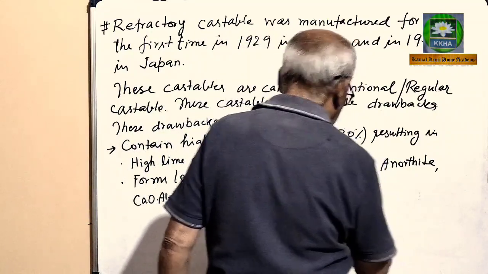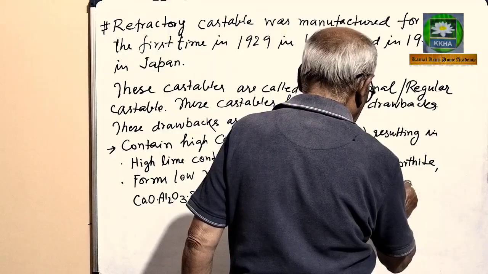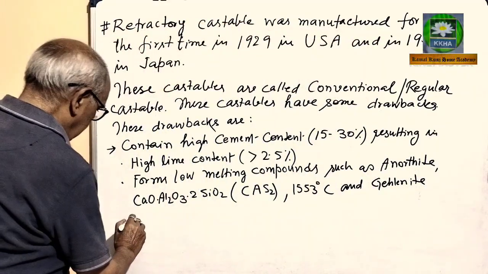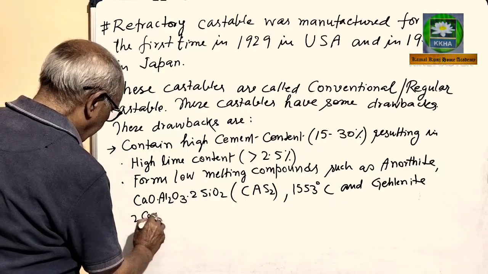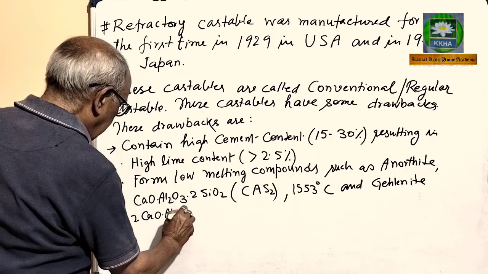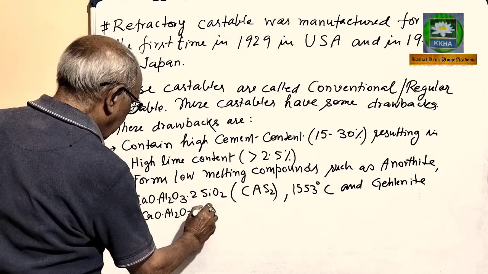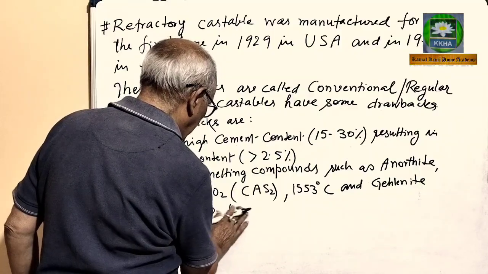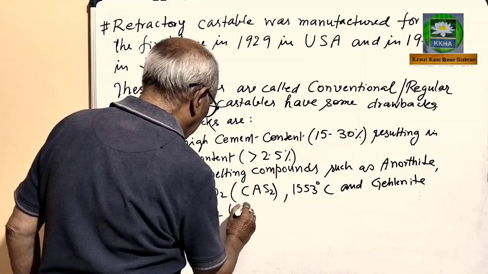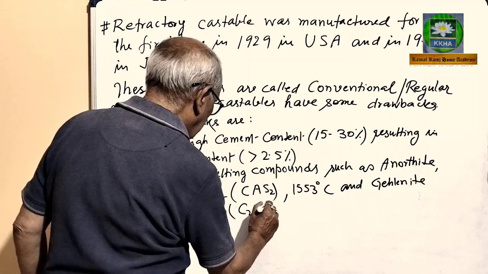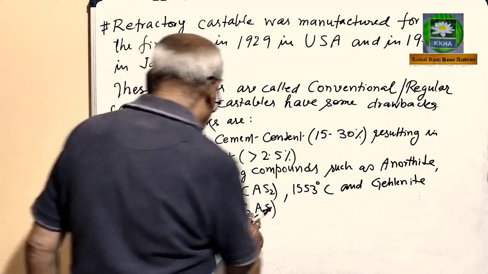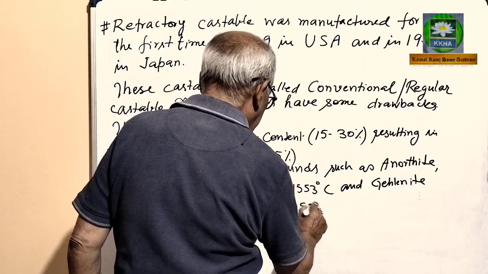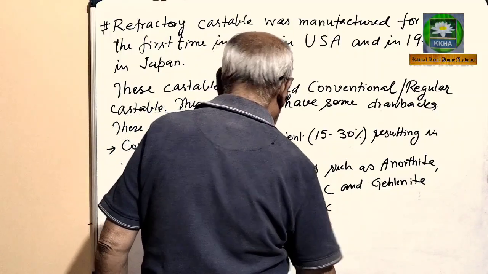And gehlenite, that is 2CaO, Al2O3, SiO2. In short, it is written as C2AS, and it melts at 1583 degrees Celsius.